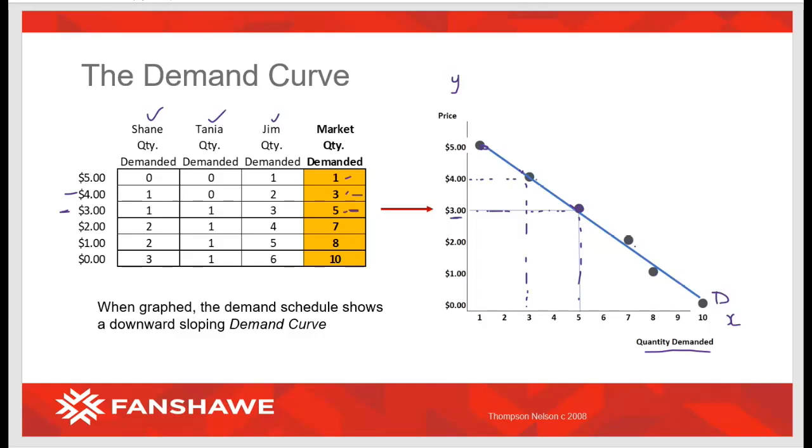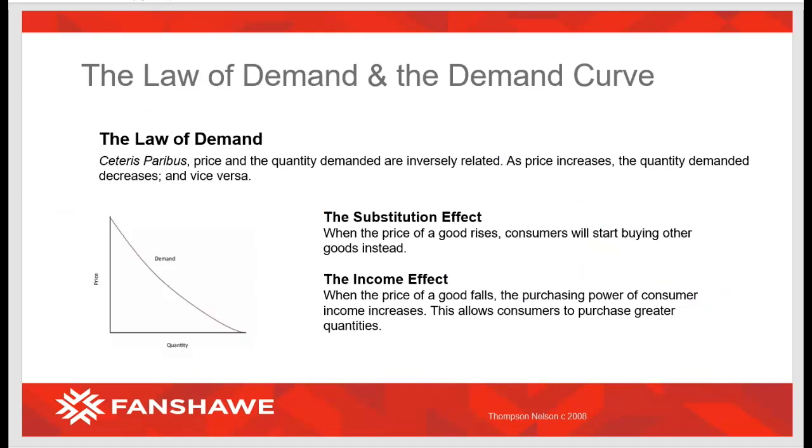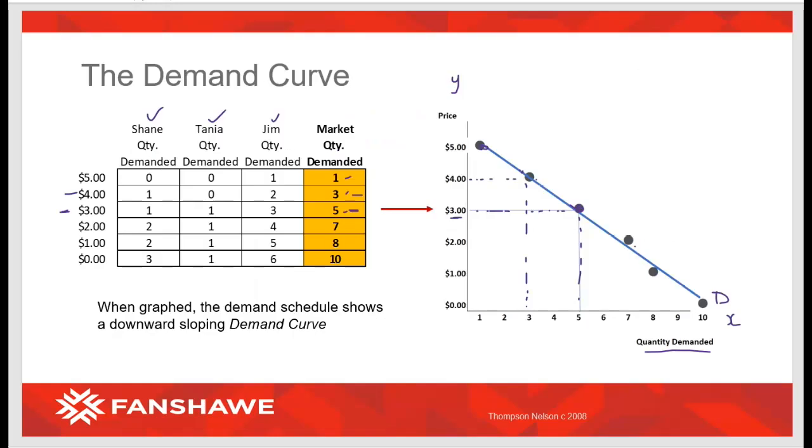So what we're seeing here is what we call the law of demand. The law of demand says that as price increases, then the quantity demanded will decrease. It's an inverse relationship. We can see it here as price is increasing, right?